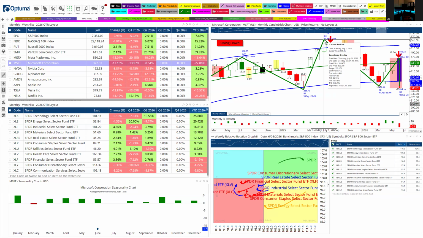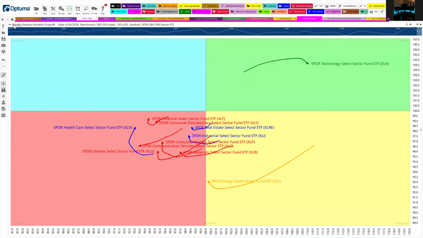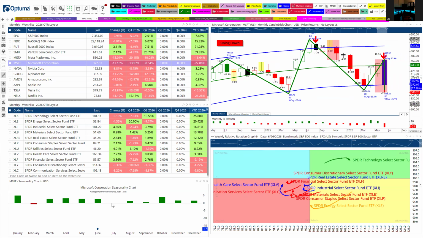That's why the stock is like this, with these software names and that sector. July is not good. I am a no until I see rotation improve and a buy signal trigger, then I am interested in Microsoft. Until then, don't even think about it.